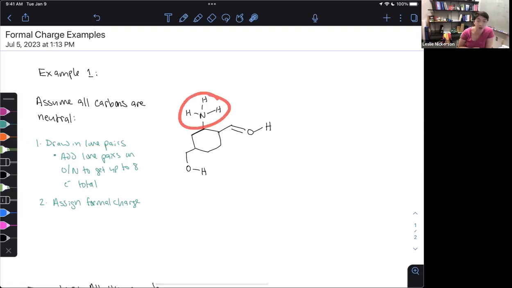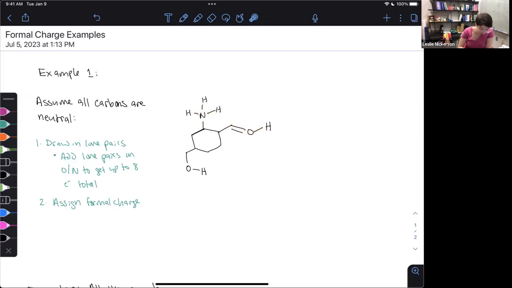So if we look at this nitrogen first, the nitrogen has 2, 4, 6, 8 electrons from the bonds that it already has. So that means we're already at 8. There's no lone pairs to be added because we're already at that perfect octet number. If we look at this oxygen, we've got 2, 4, 6.